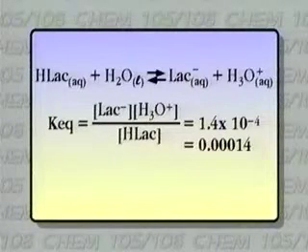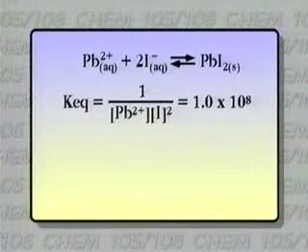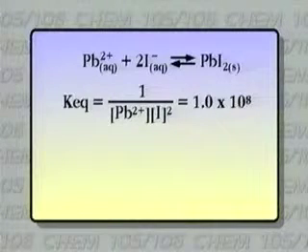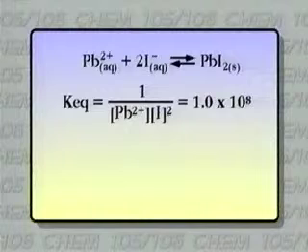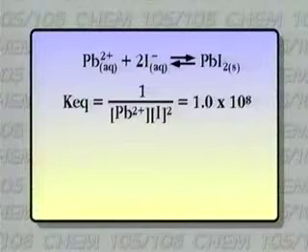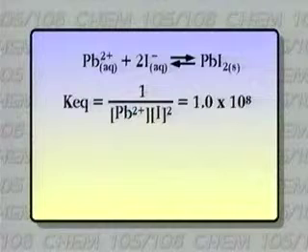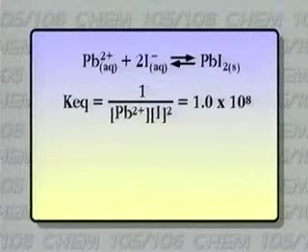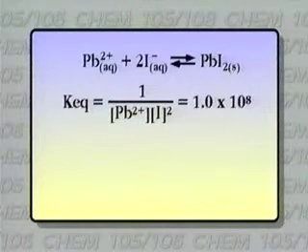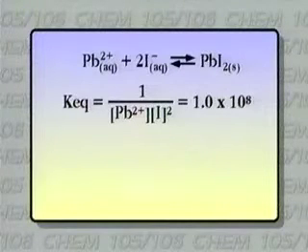This one is an example of a precipitation reaction. Here, now, we're dumping a solution that contains lead ion into a solution that contains iodide ion, and we form the compound, the solid lead iodide. Now, again, keep in mind that for solids, we don't disregard them. We call them unity. So we had the 1 divided by the lead concentration and the iodide ion concentration squared. So there's our equilibrium expression.